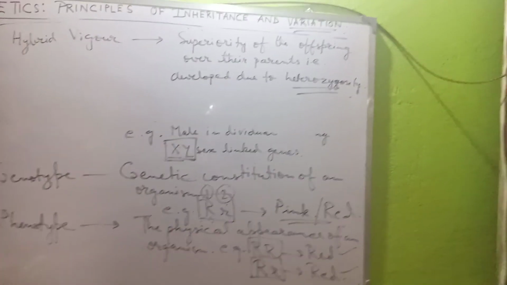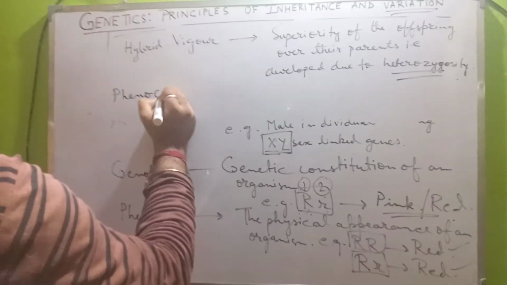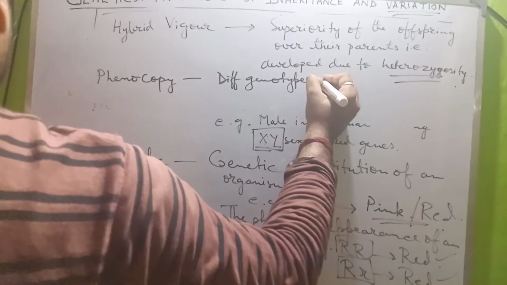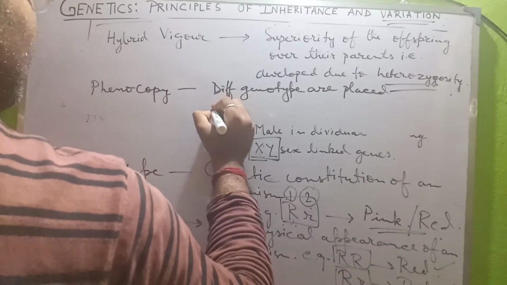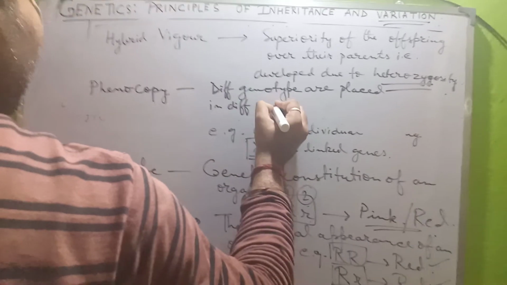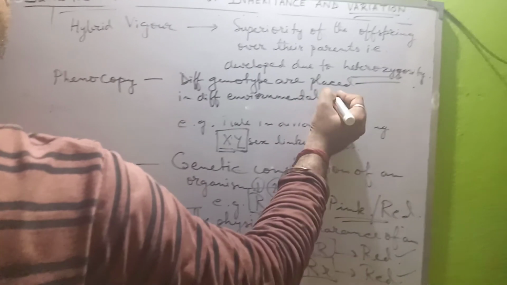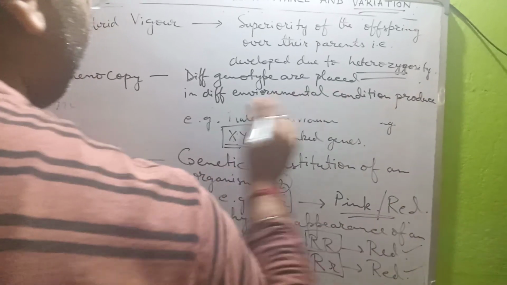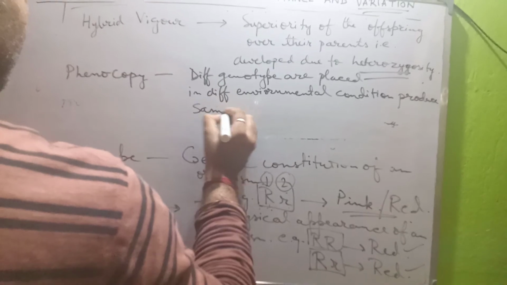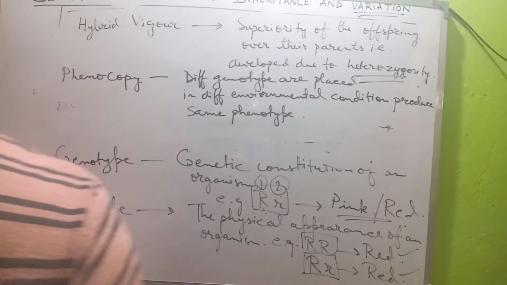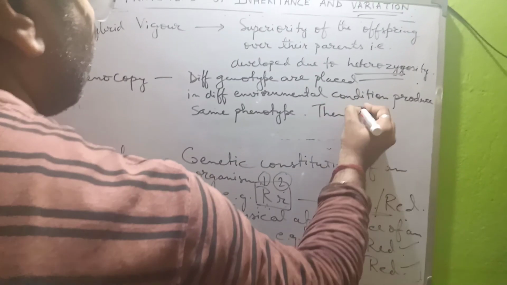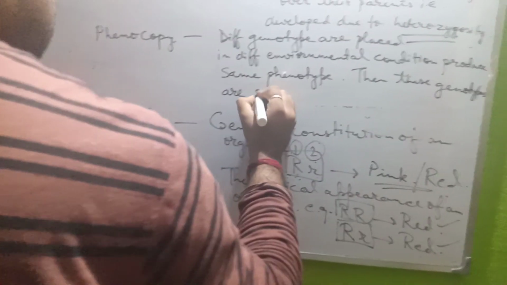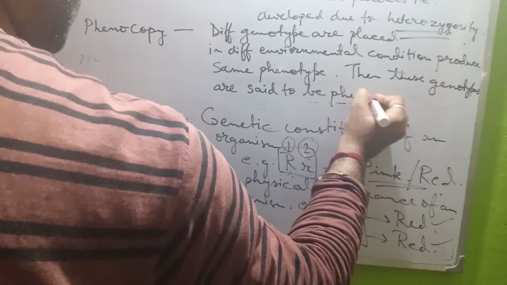And one more thing, that is phenocopy. Phenocopy is when different genotypes are placed in different environmental conditions and produce the same phenotype, then these genotypes are said to be phenocopy.